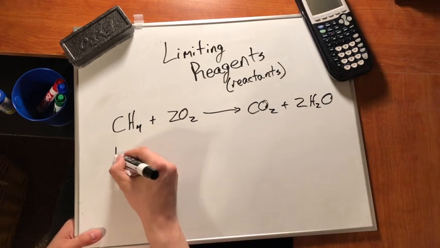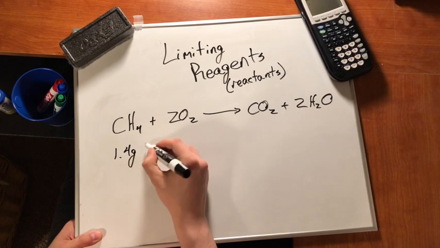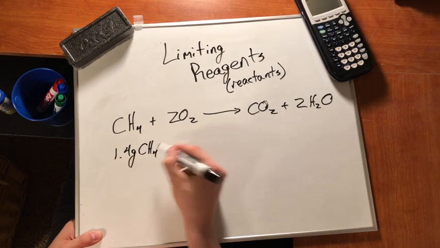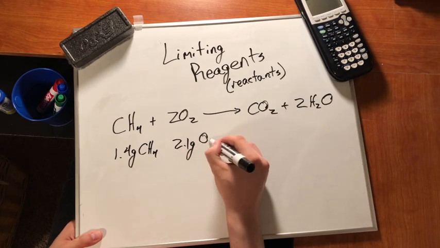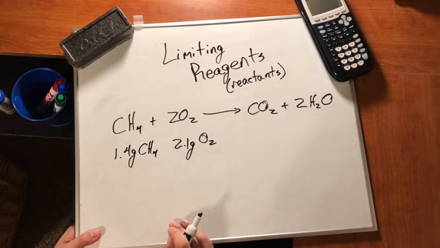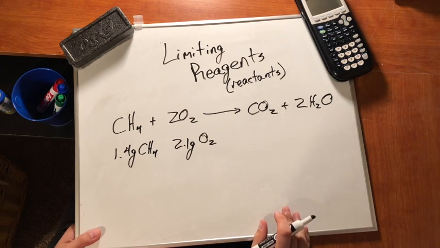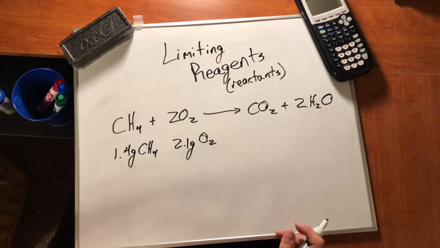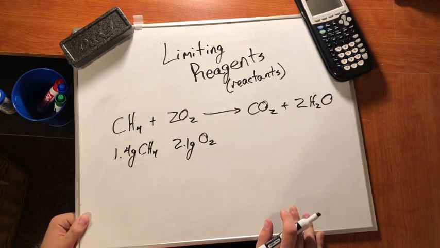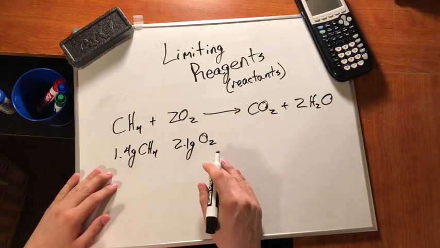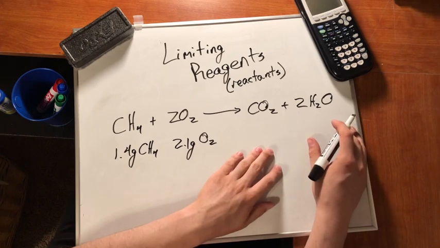Let's say I have 1.4 grams of methane and I have 2.1 grams of O2. This is how much methane I have, this is how much oxygen I have. I want to react them together, and I want to figure out which one is going to be limiting how much product I can make.